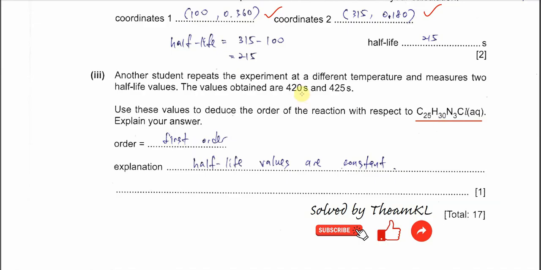It's quite obvious and easy, because the half-lives are now quite close, about 420 something. So we can conclude that this is first order, because the half-life is almost constant, very close. When the half-life is constant, we can say that the order is first order.